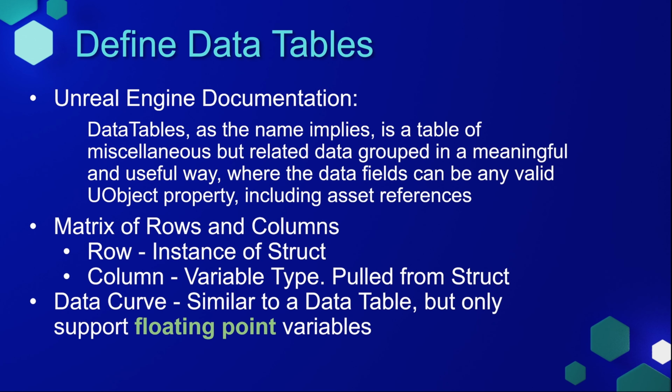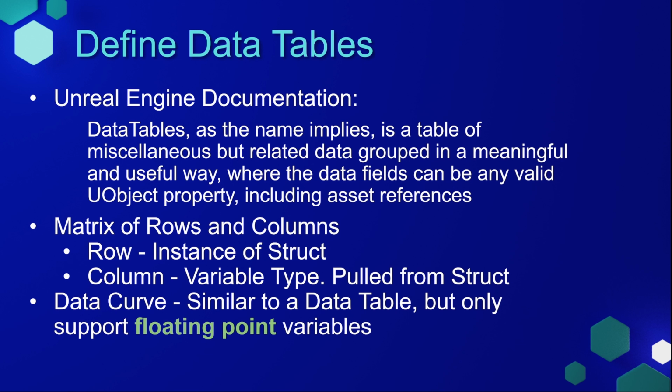And per the Unreal Engine documentation, a data table, as the name implies, is a table of miscellaneous but related data grouped in a meaningful and useful way, where the data fields can be any valid UObject property, including asset references.